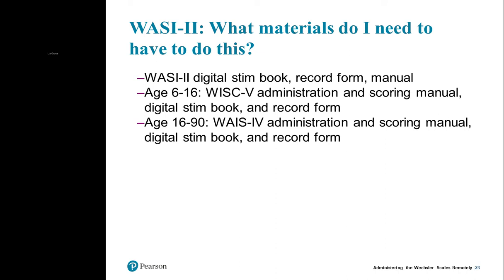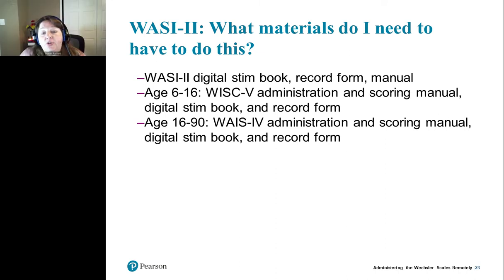In order to do this, you need the WASI II digital stimulus book, the WASI II record form, and the WASI II manual. The manual is also available digitally if you don't have the paper copy. If the examinee is age 6 to 16 and you're going with the WISC, you would need the WISC administration and scoring manual, the digital stimulus book for the subtests you're using, and the record form for figure weights.